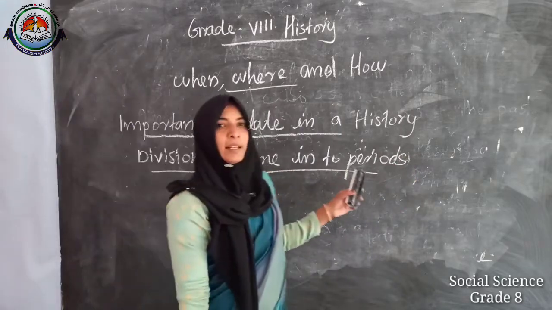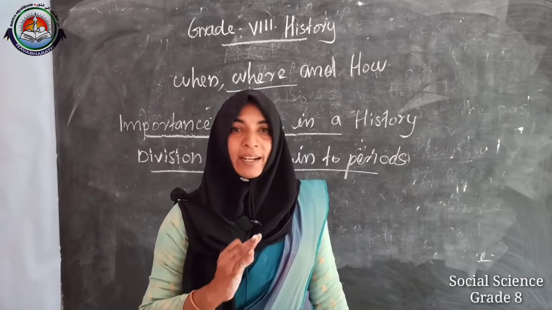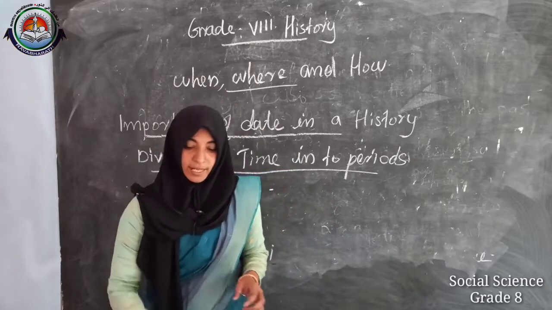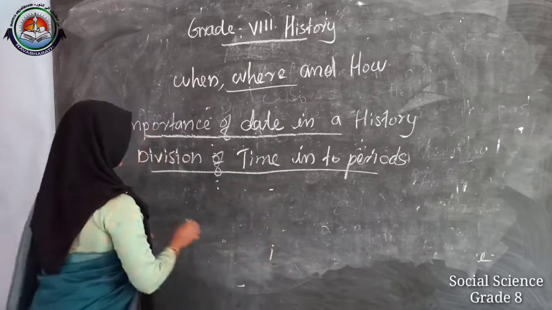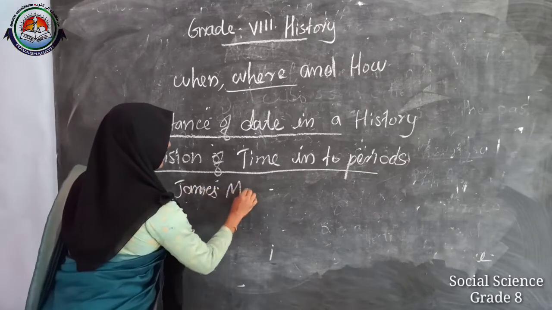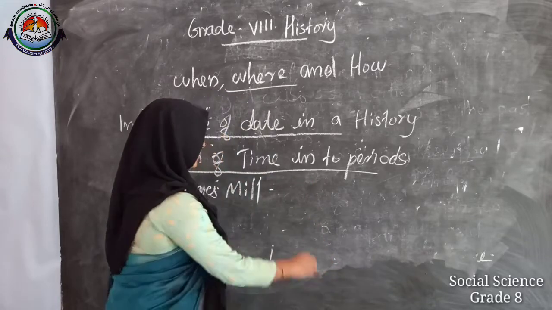Listen. Division of time. A British historian, James Mill, divided Indian history into three. Which are they?